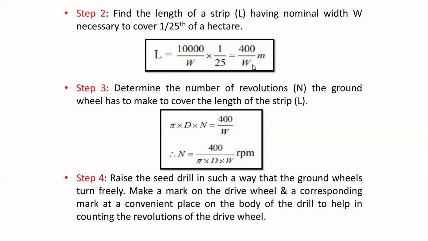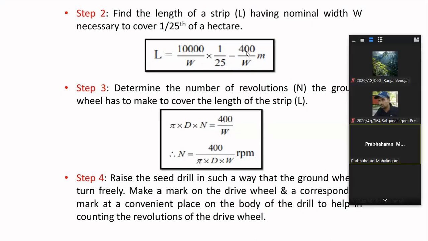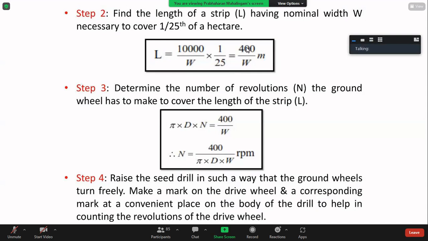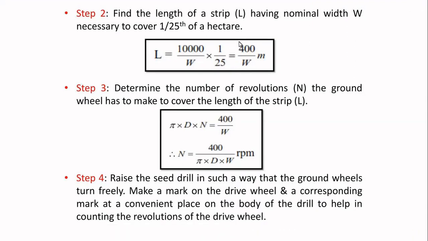That is why you will see L equals 400 divided by W. 10,000 divided by 25 is 400. So the length of the strip is calculated by the area, 400 square meters, divided by the width of cut in meters. So you can find out the length.